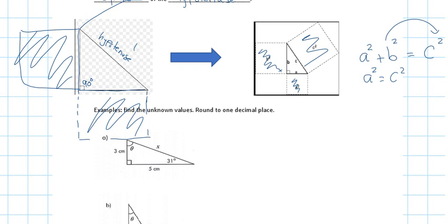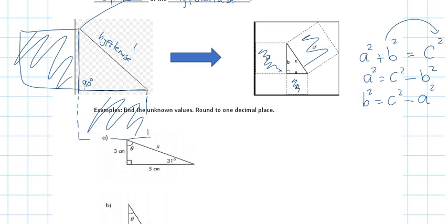Minus B squared, because it's a plus, the opposite of positive is negative. So when I bring that positive B squared over, it becomes minus B squared. Similarly, if I know A and C and I'm looking for B, it's going to be B squared equals C squared minus A squared.